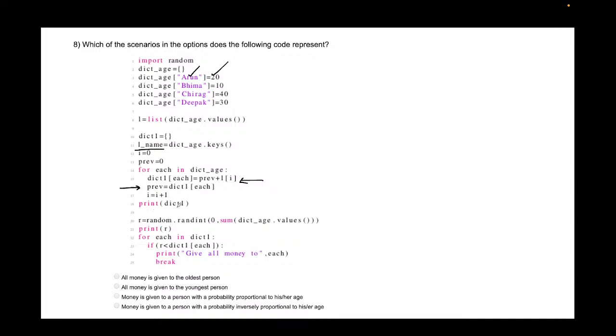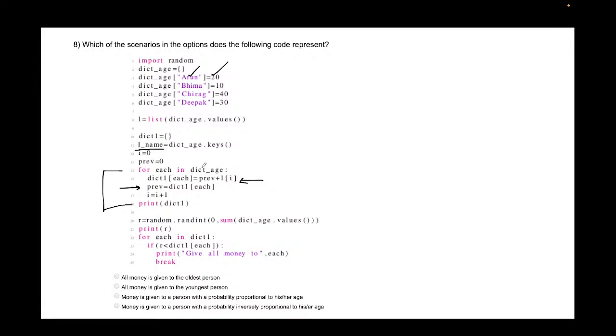Okay, finally the dictionary dict1 is printed. So that's what it is all doing. It is cumulatively adding the previous person's age to the current person's age. So that is what is done between these lines.